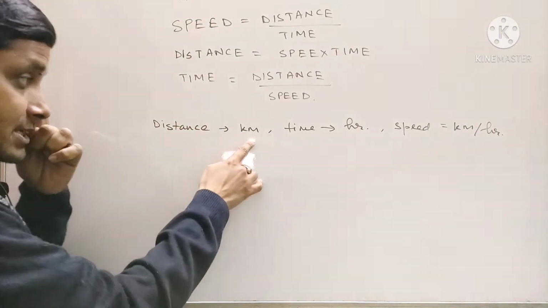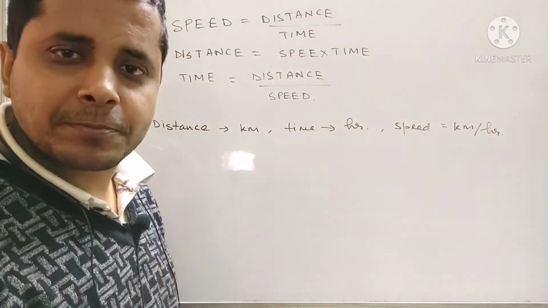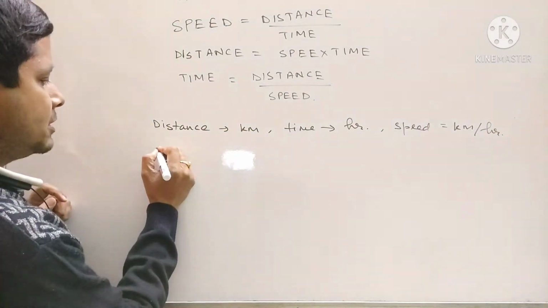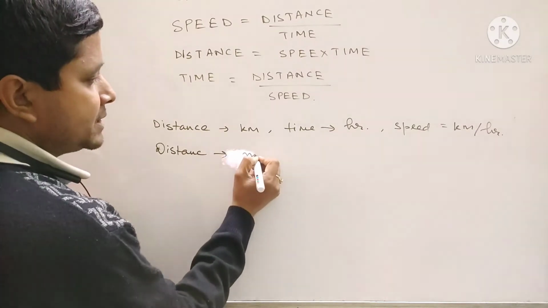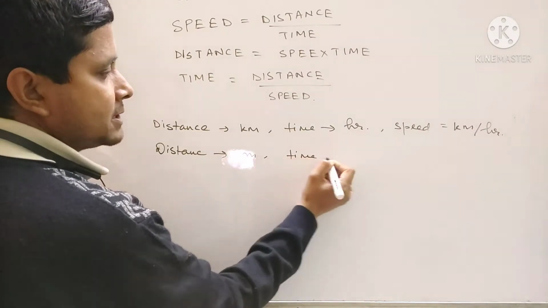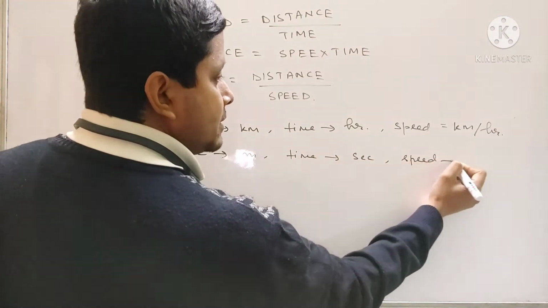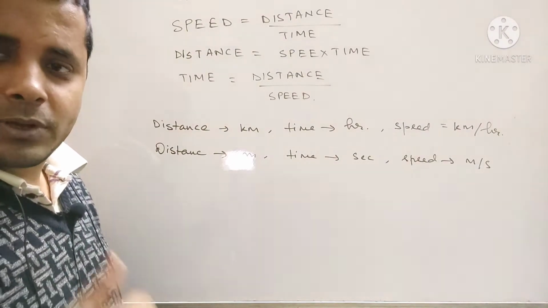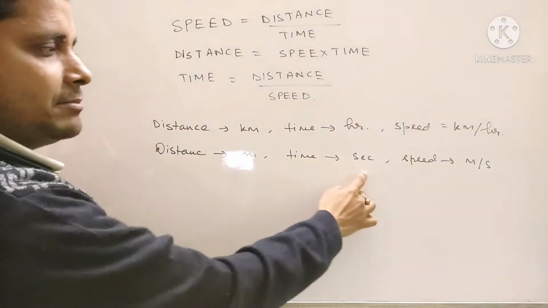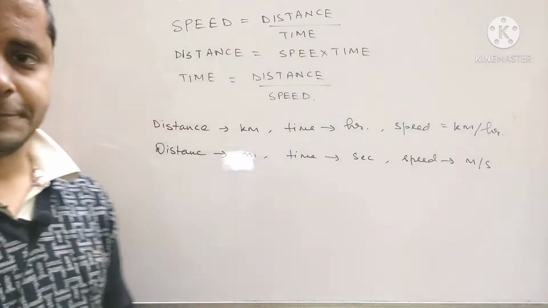When the distance is in kilometer, time is in hour, then speed will be in kilometer per hour. Now if the distance is in meter, time is in second, then the speed will be in meter per second.